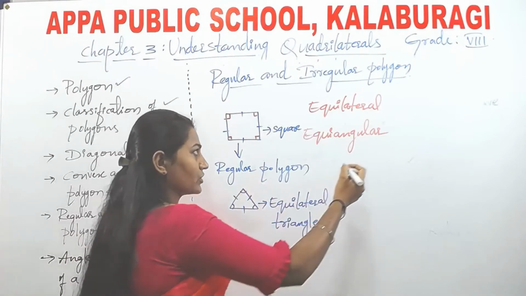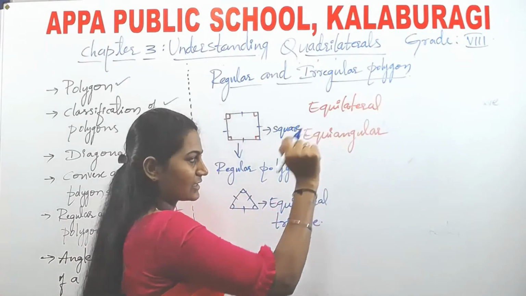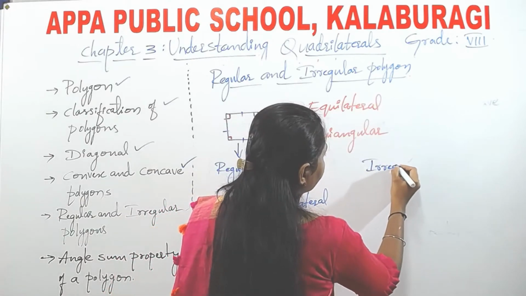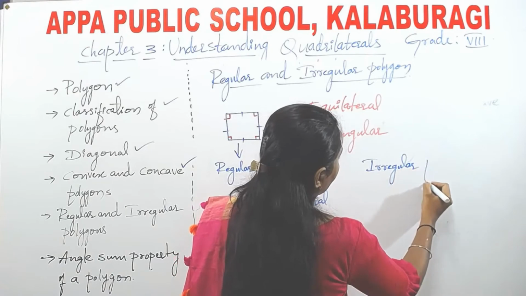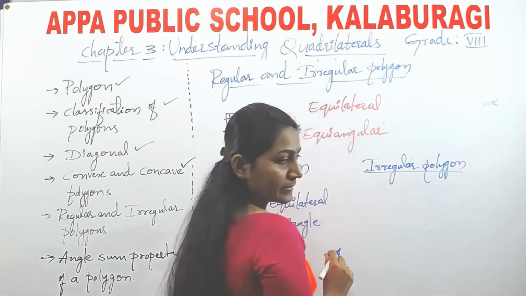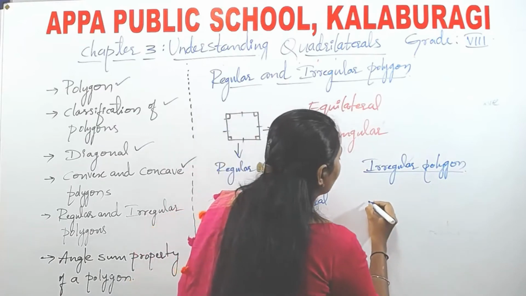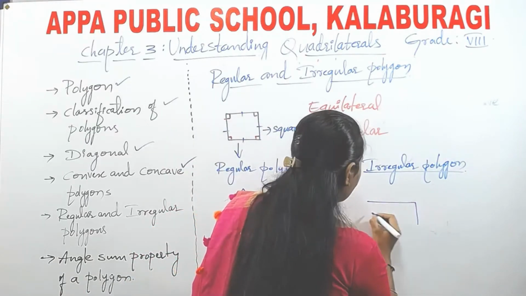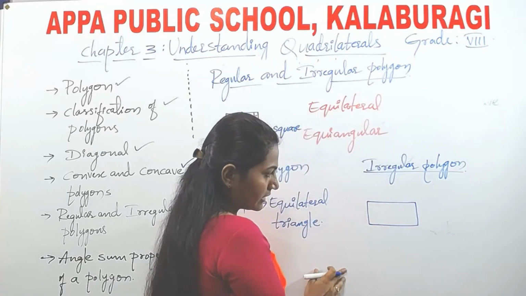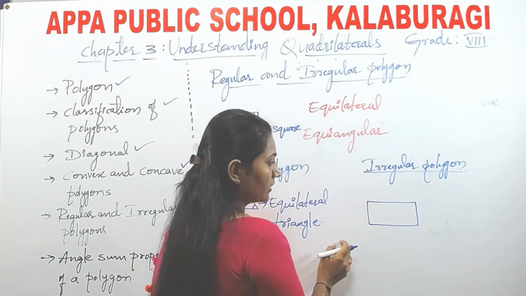Let me give a best example for that. Irregular polygon. The best example for an irregular polygon would be, you can name on board, if you can see, what is this? It is a rectangle.